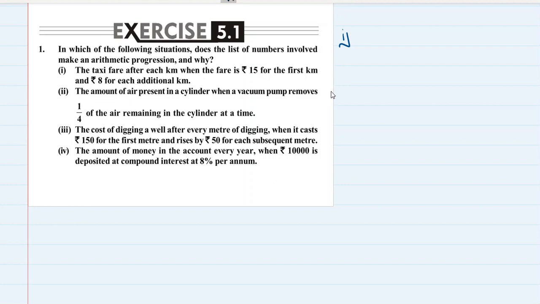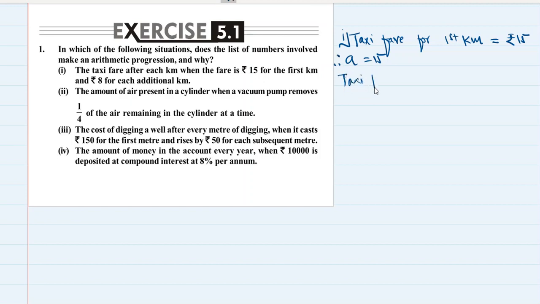Okay, let's start. The taxi fare after each kilometer, when the fare is rupees 15 for the first kilometer and rupees 8 for each additional kilometer. So the taxi fare for the first kilometer is rupees 15. Therefore, a is equal to 15.